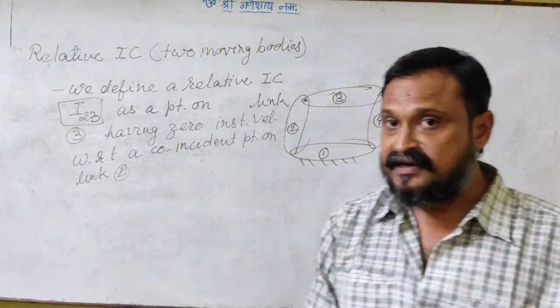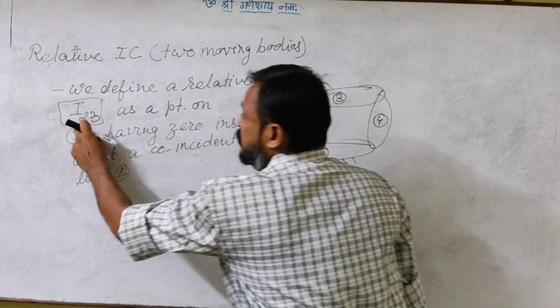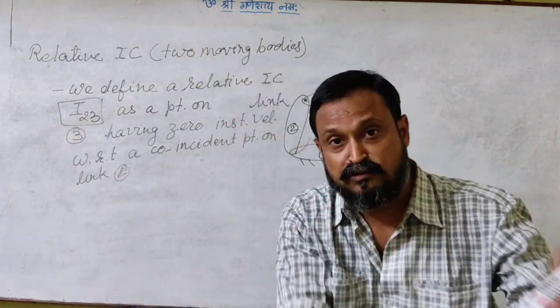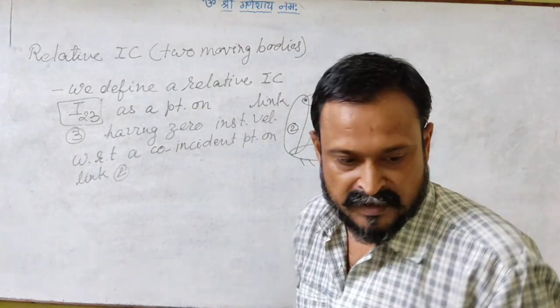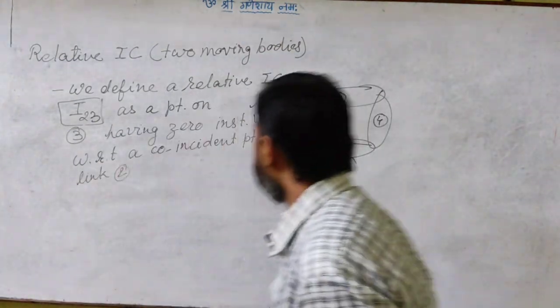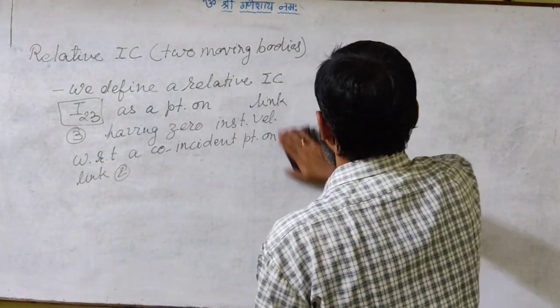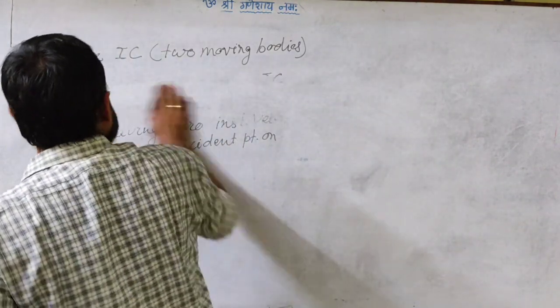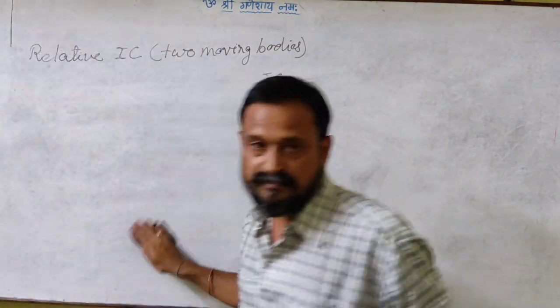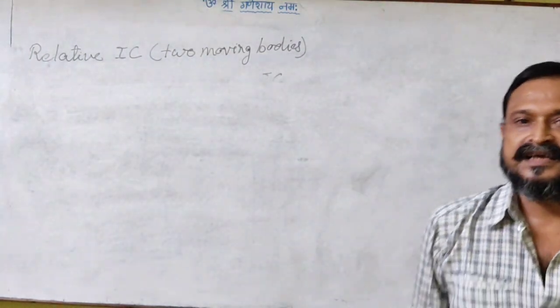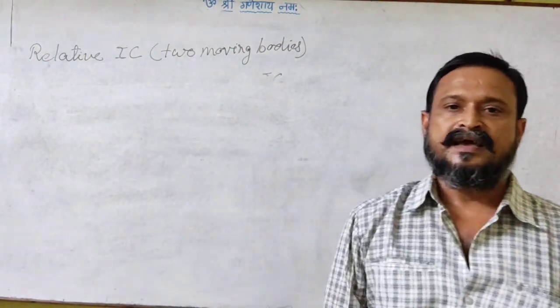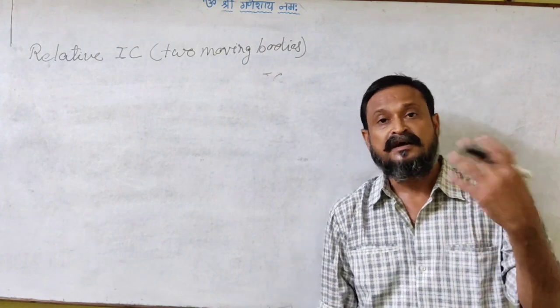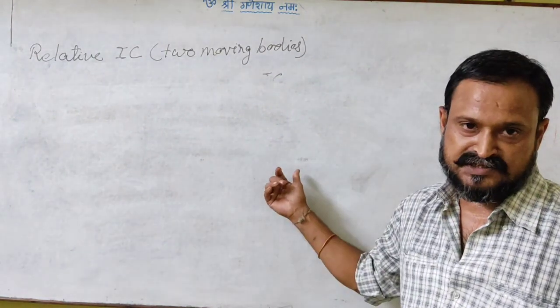That means this instantaneous center is for body 2 as well as body 3. Fine. The instantaneous center of velocity we can as well express with respect to the fixed link.